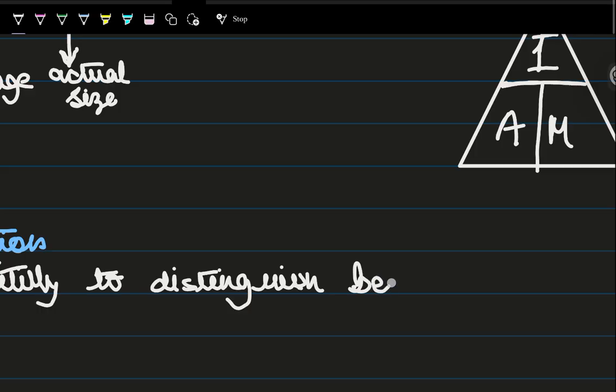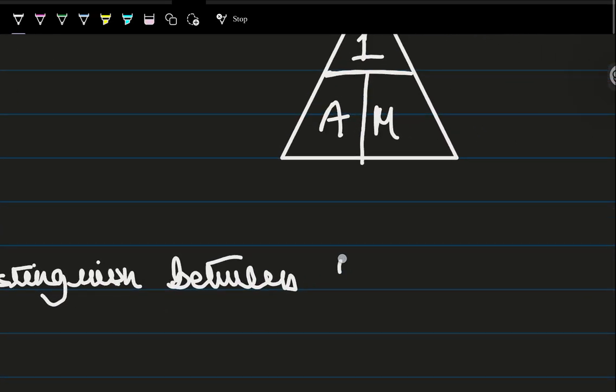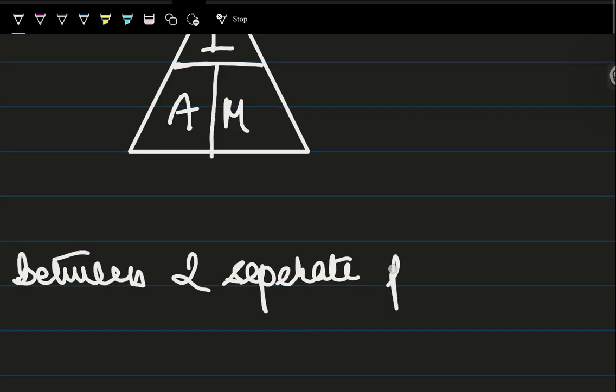Distinguish between two separate points. Yes.